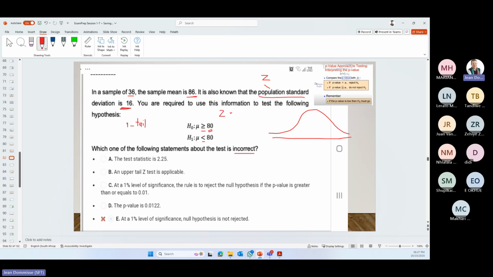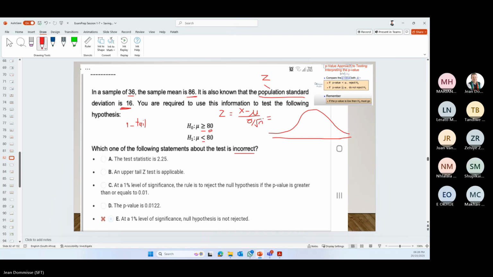So now we use the formula from way back in study unit 7. X is the sample mean, they told us it is 86. We're testing it against 80. They told us the standard deviation was 16, and the sample is 36.